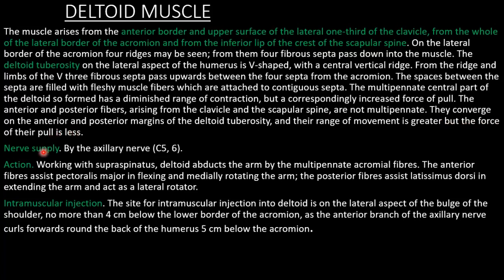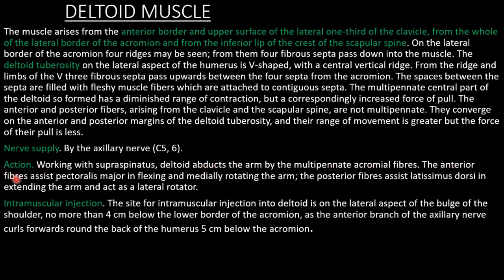Now, the deltoid muscle is supplied by the axillary nerve. What are the actions of the muscle? Working with the supraspinatus, deltoid abducts the arm by the multipinnate acromial fibers. So the central fibers or the acromial fibers are the ones which abduct the arm.